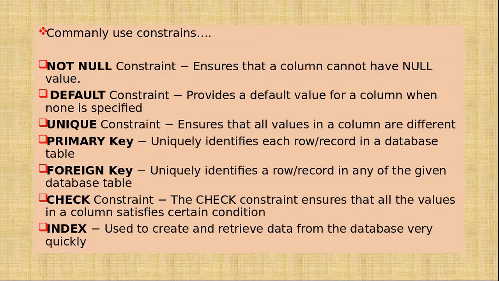Primary key. It uniquely identifies each row or record in a database table. Foreign key. That uniquely identifies a row or record in any of the given database tables. Check constraint. The check constraint ensures that all the values in a column satisfy a certain condition. Index. That is used to create and retrieve data from the database very quickly.